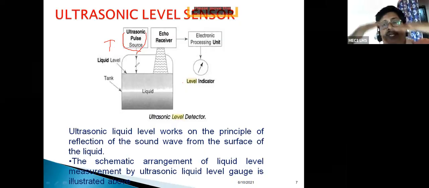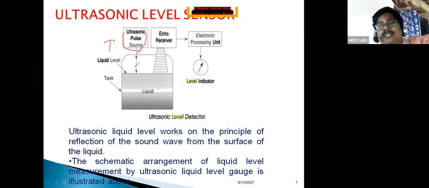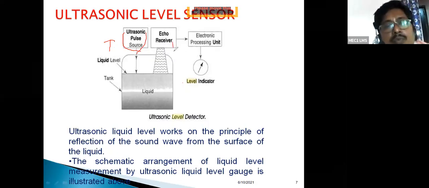We have to arrange it at the top of the tank. This is the source, and it transmits the ultrasonic sound waves.